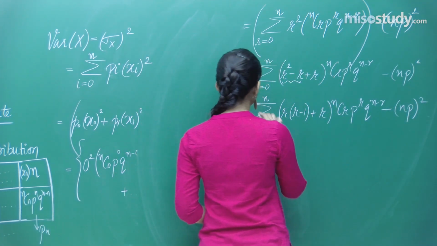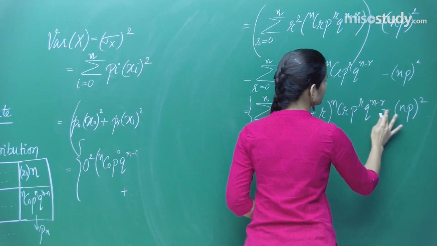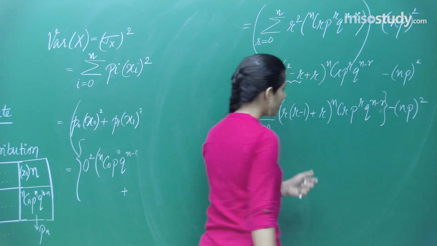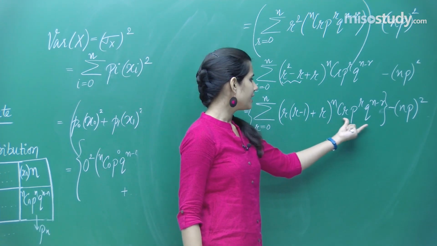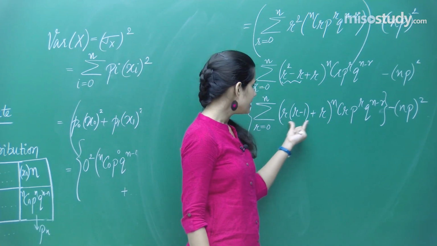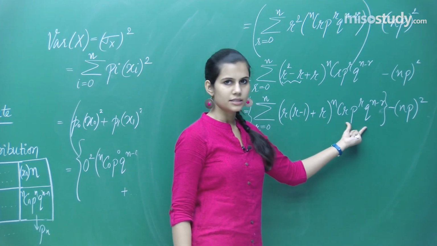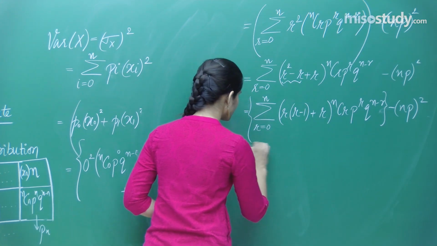Now see, this complete thing is one term. Something plus something times this is these times this and this times this. So just open the brackets up.